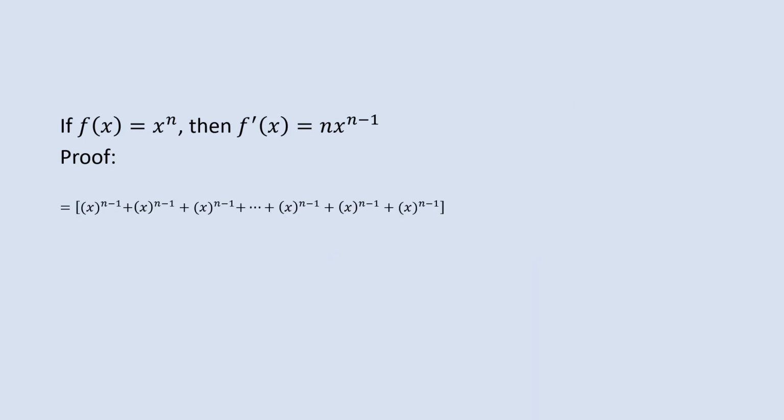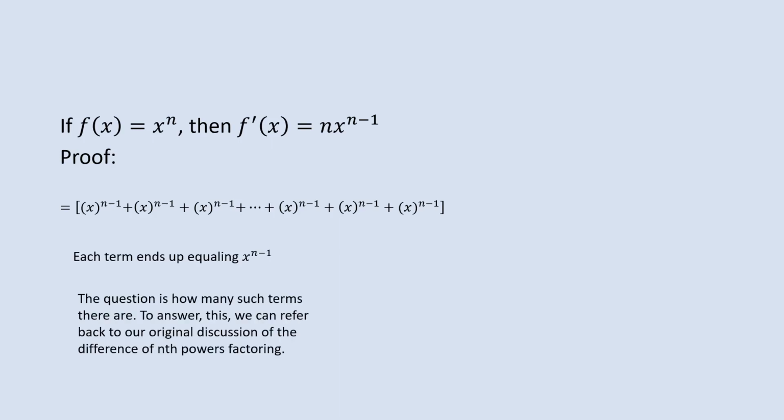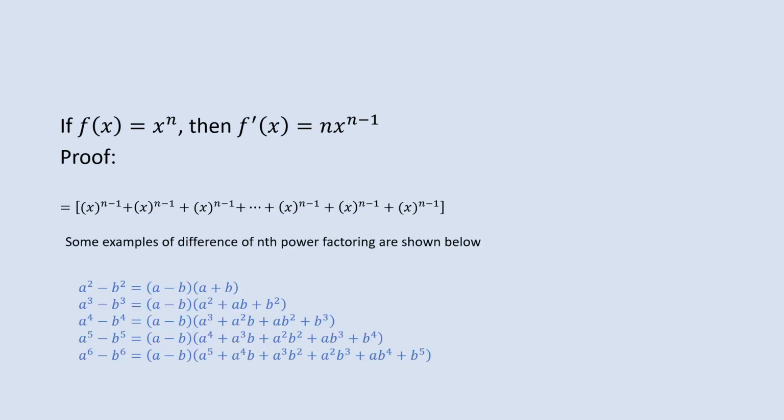Okay, so that's what we end up getting. Well, how many terms are there? Let's go back to our original difference of nth powers factoring. In our original difference of nth powers factoring, we went through various examples. In the first example, we were doing difference of second powers factoring, and our second factor had 2 terms.